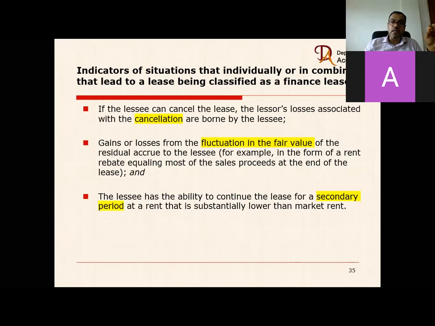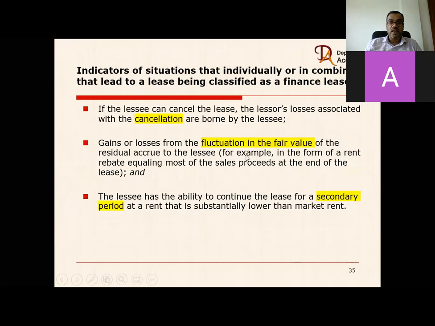The legal nature of a lease contract is that it is irrevocable. You can't cancel. But due to some other reason, if you want to cancel, the lessee has to bear the cost. That is very simple, isn't it? Very simple. So if you cancel it and the cost has to be borne by the lessee, it's going to be a finance lease.